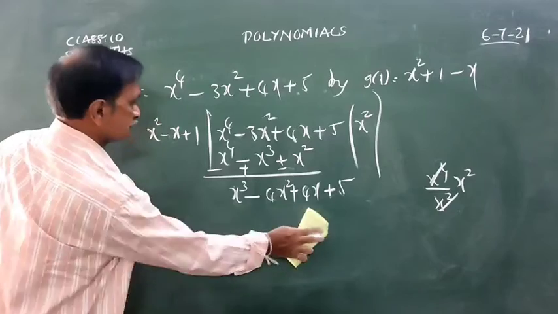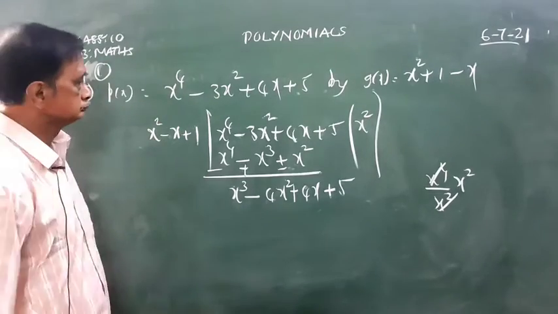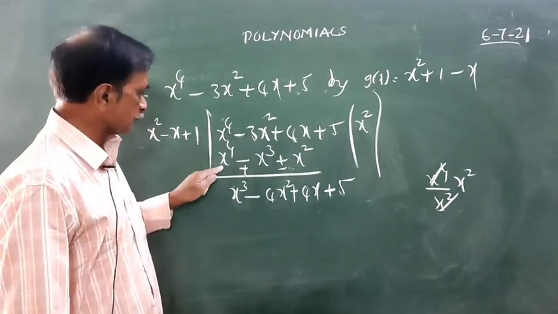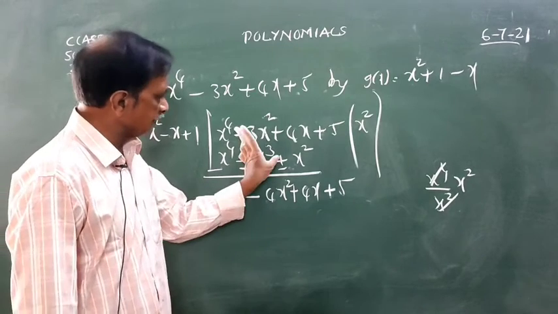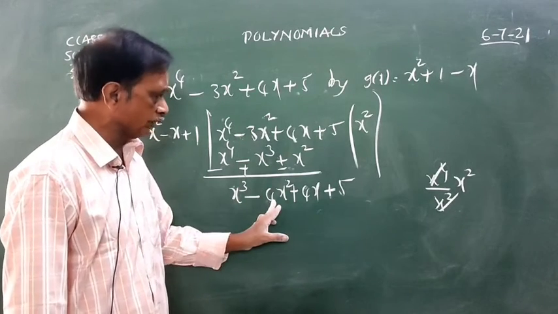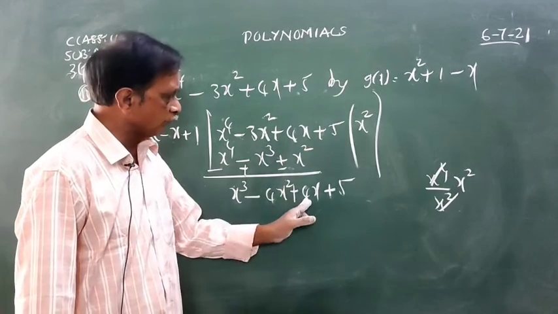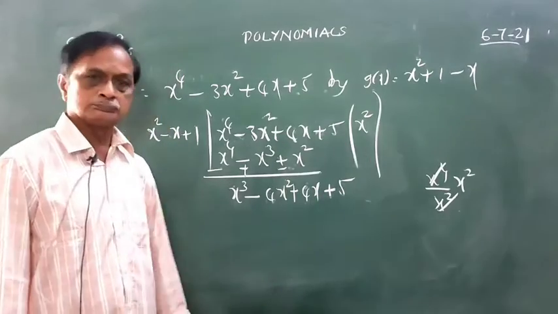So you can subtract vertically also. X power 4 minus x power 4 gets cancelled. And we add x cube first. And we simplify these two, minus 3x square minus x square, this one minus 4x square. And we bring down plus 4x and plus 5.